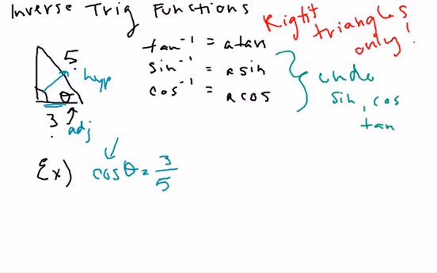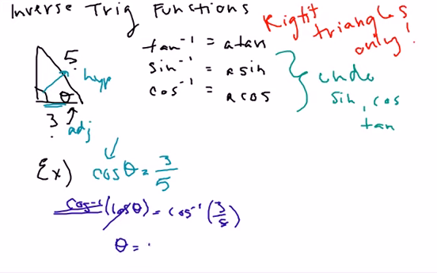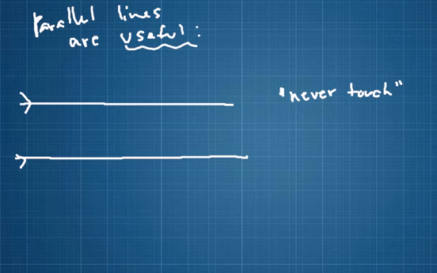The way you're going to undo it is you're going to take your cosine inverse, or your inverse cosine, around your cosine theta. And if we do it to one side, you have to do it to the other. This is going to cancel out your cosines, leaving just theta is equal to cosine inverse of 3 over 5. You can just plug this into your calculator, and if I put that in my calculator, I end up with about 53 degrees.